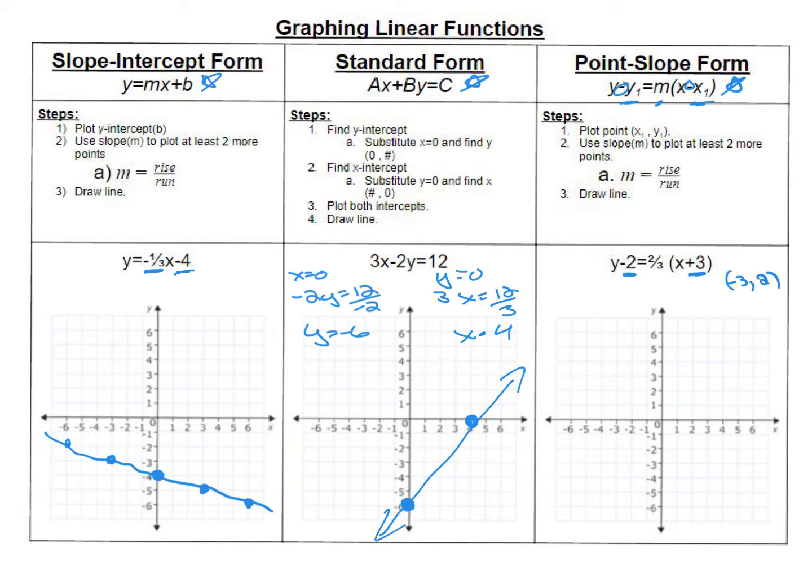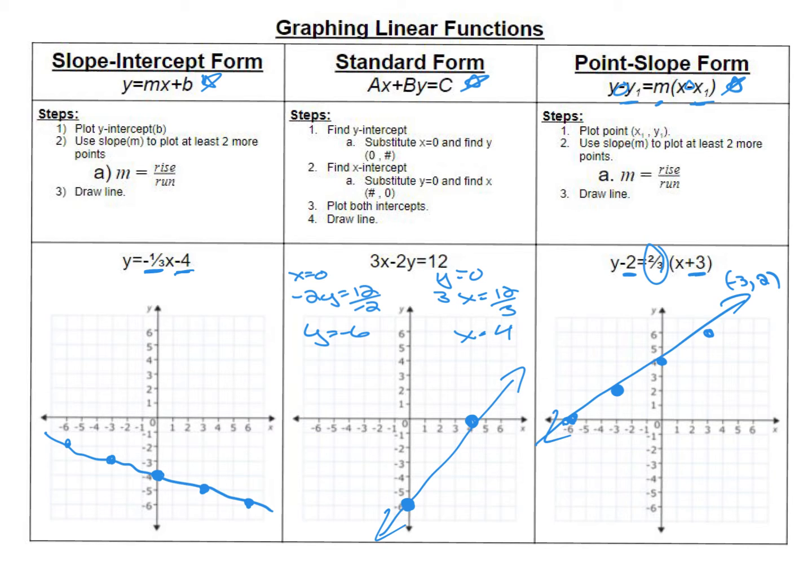And this kind of works the same way, where if we know that one point is -3, 2, now it'll work the same way with our slope to say up 2 over 3, up 2 over 3, down 2, back 3. And then we have a nice line. All right, so we need to remember those three things to help graph.